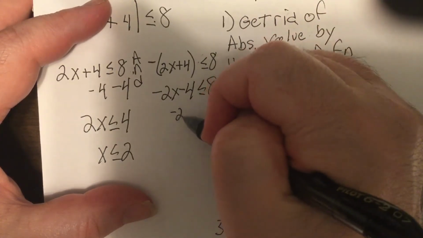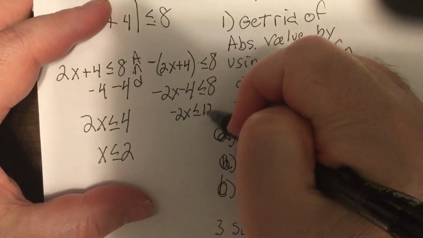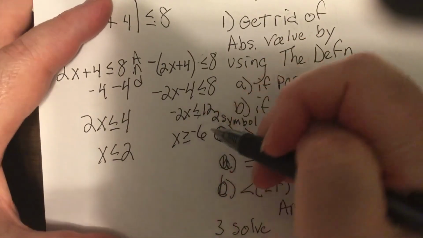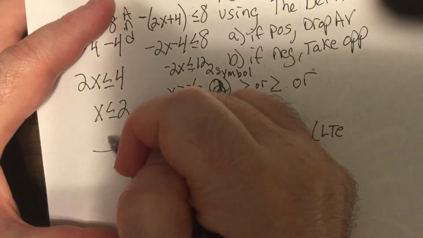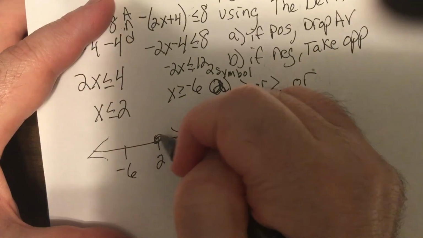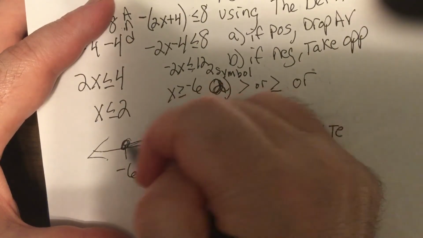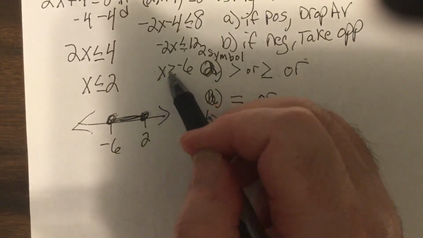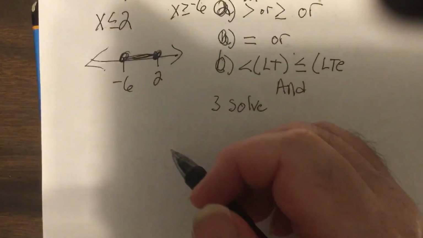Add 4. Divide by -2. Switch the direction of the inequality. So it would be everything between -6 and 2. Greater than -6 and less than or equal to 2.